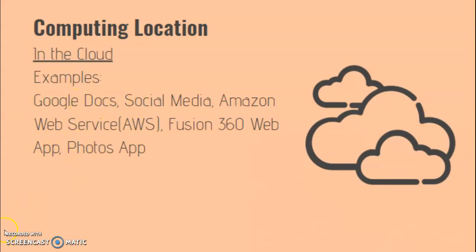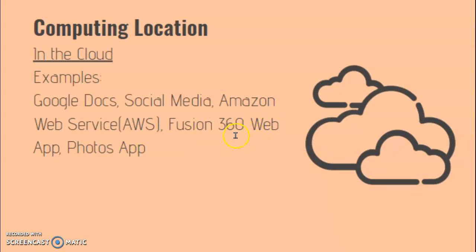I can go through my Google Docs. I can be on my computer, I can be on my phone, I can be on my Chromebook, and it all gets to the same Google Docs. All my social media platforms. My Amazon Web Service that we're talking about is how we're going to do the computing location in the cloud with the programs that are generally on the computer.